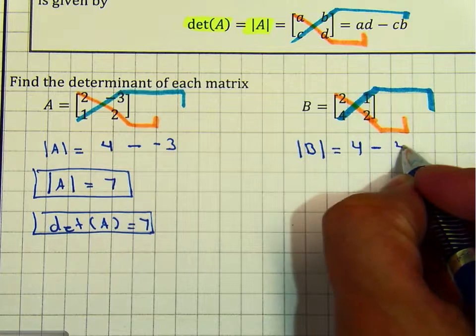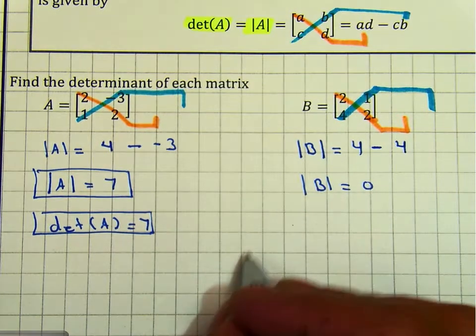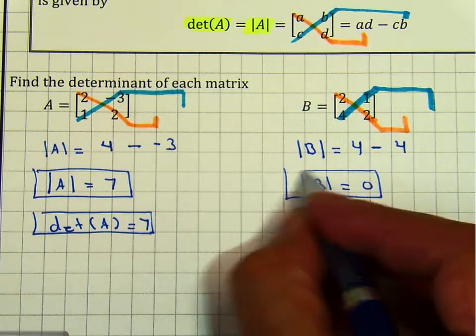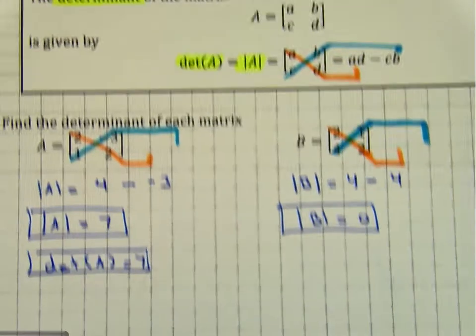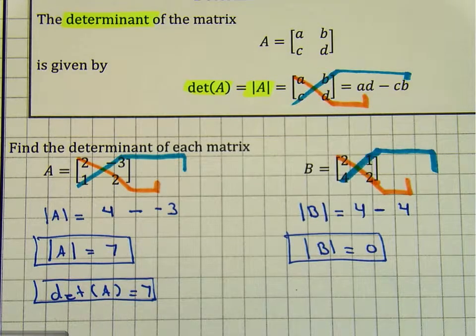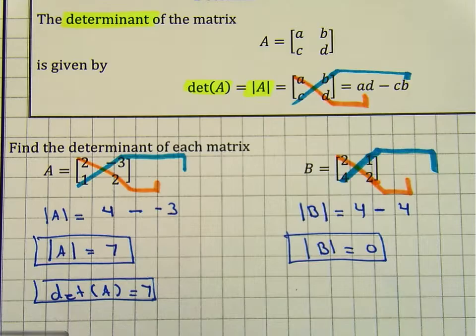And we're going to subtract it. So that gives you the determinant of B is equal to 0. Remember, the determinant is just going to be a number that's going to be very useful as we use Cramer's rule to solve some of the systems. So a determinant for a 2 by 2 is pretty easy.